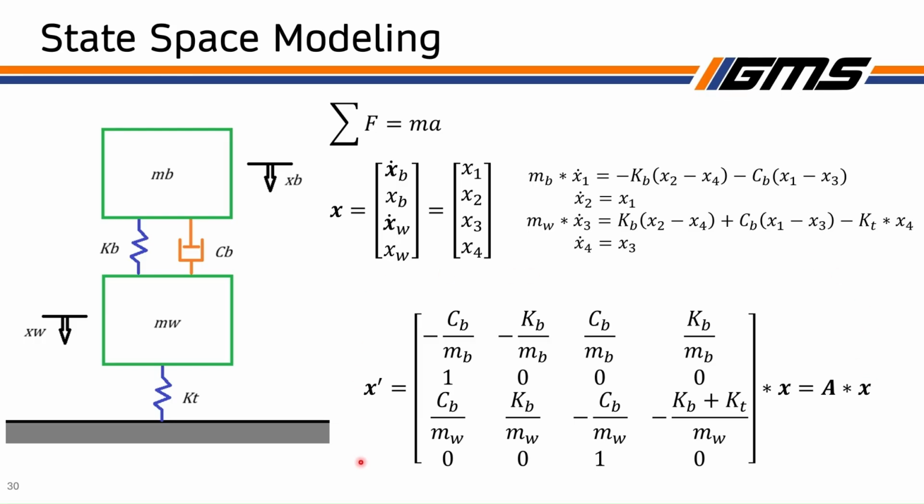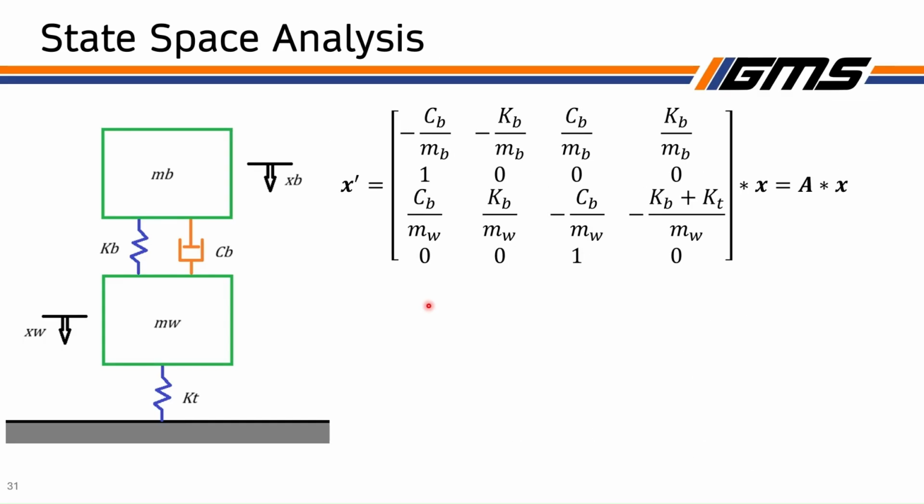And this is a first order linear differential equation. You can see all of these different terms in this matrix. These are just numbers. There are no variables in here. There's nothing in here that changes. So it's just a bunch of numbers, right? Now we can take this and find the eigenvalues of this matrix.